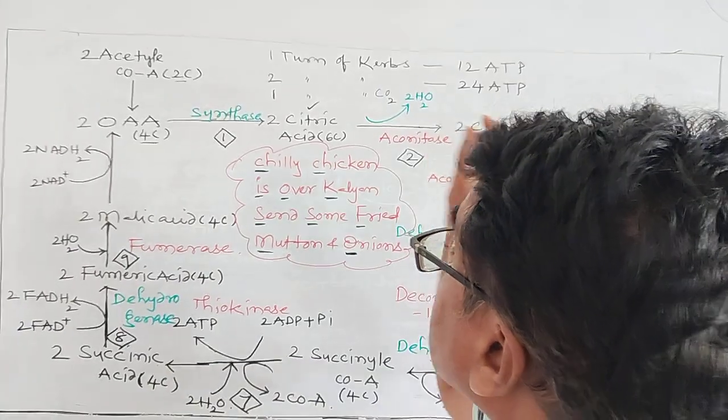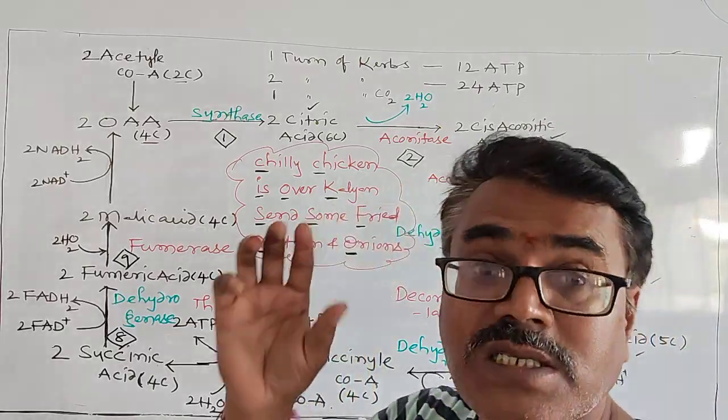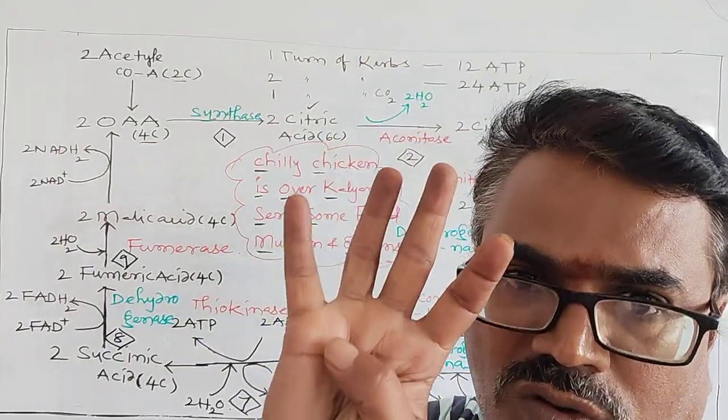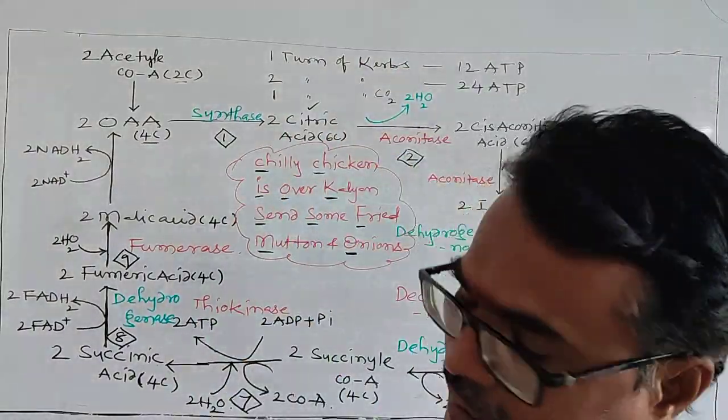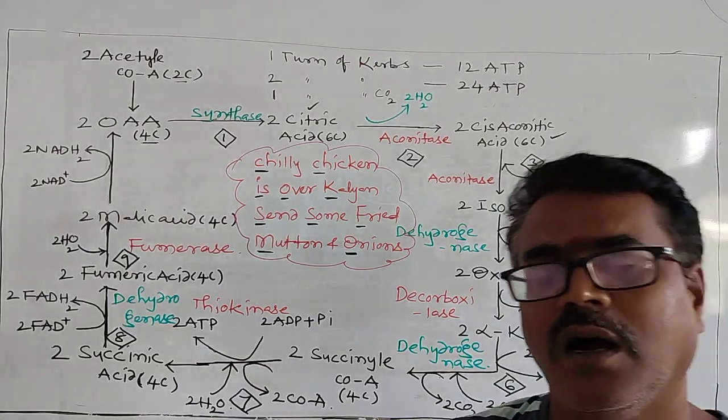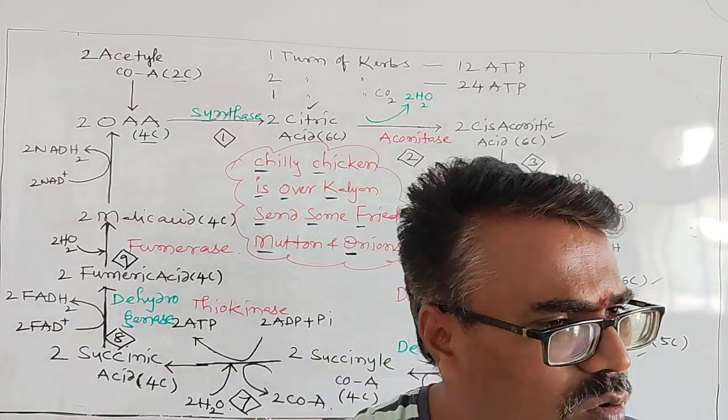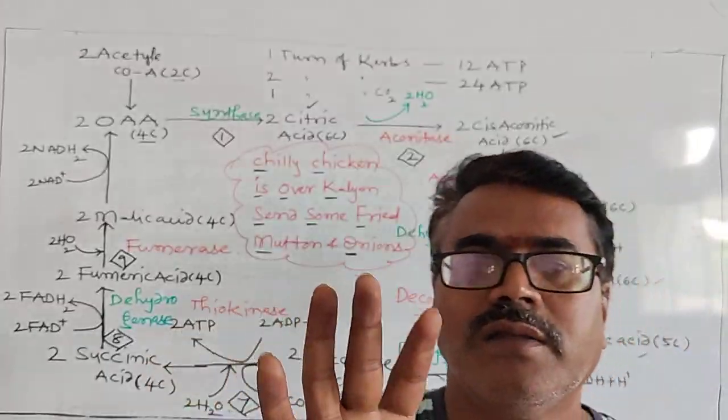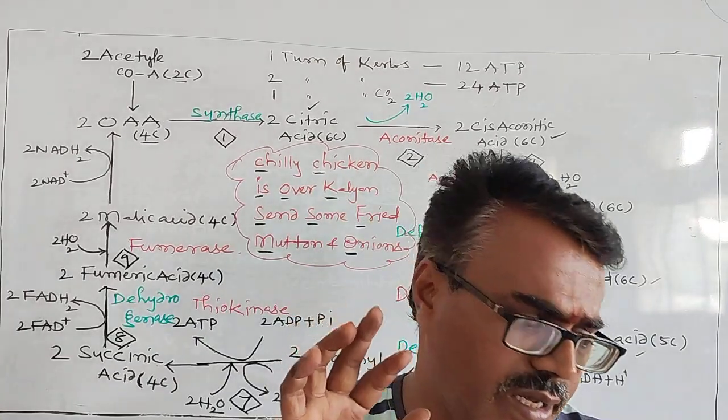Two turns of the Krebs cycle release 4 CO2. The total number of ATP produced in the Krebs cycle is 24.